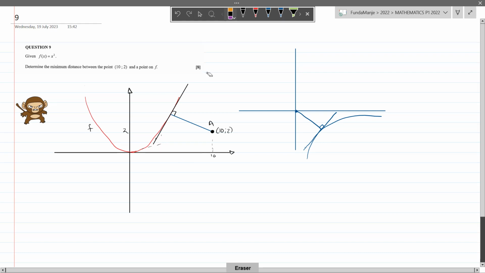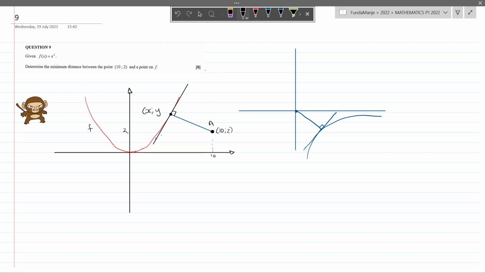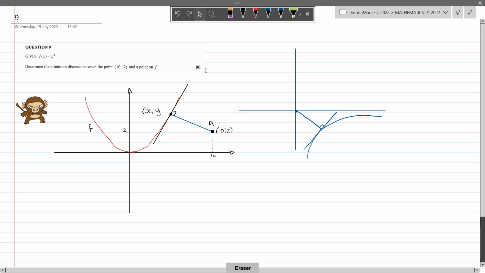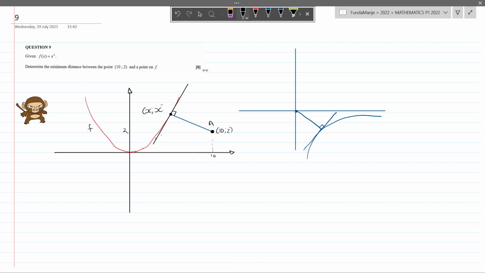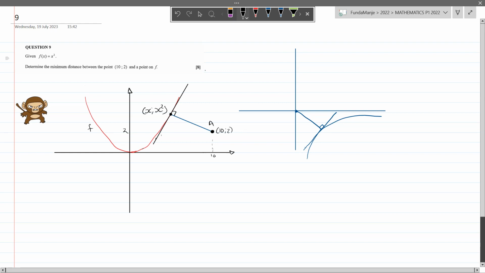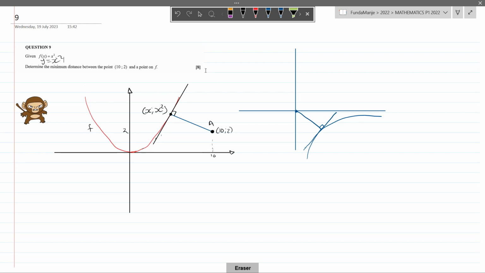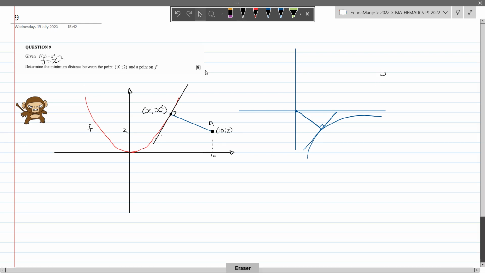So we have to understand that our point and our function are going to meet at some point. Since we don't know where it is, we can just say x is x. For y, we could put y, or for more intuitiveness, we could put x squared, because we know y is equal to x squared in this example. So if we find x, we'll find y at that point.